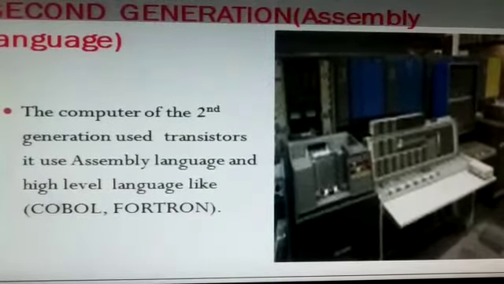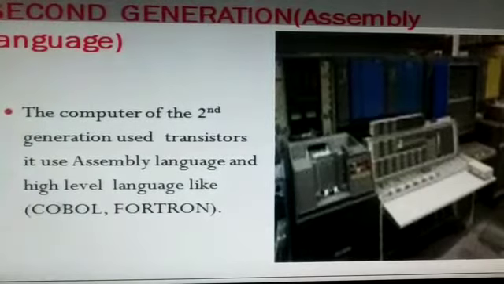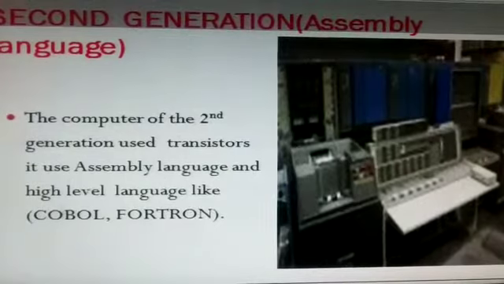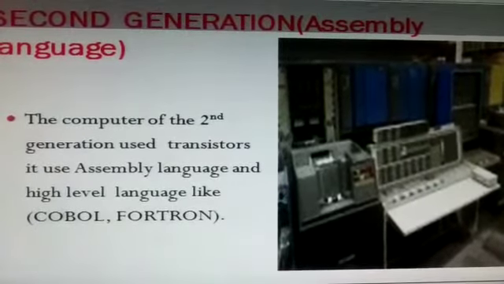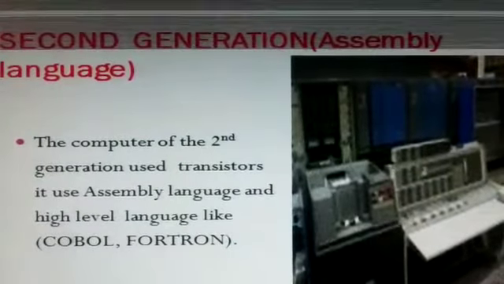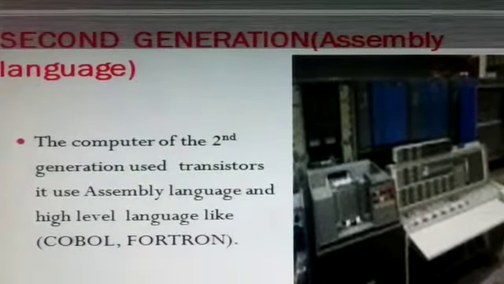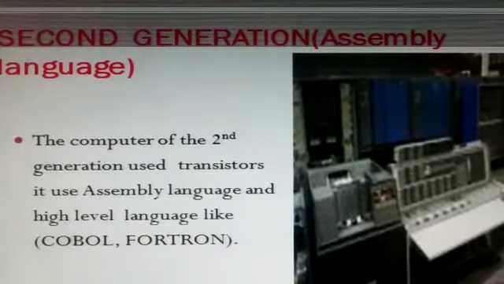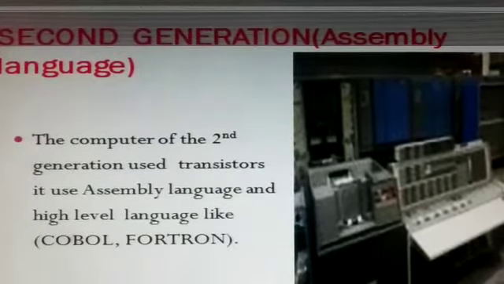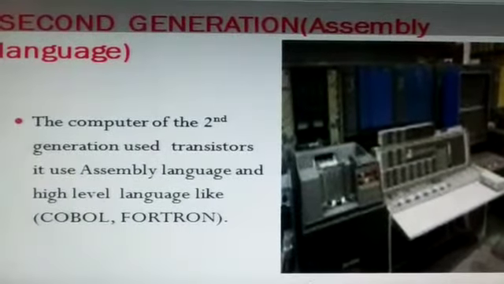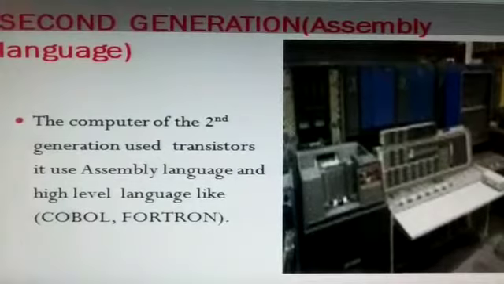But it is still very costly, and AC is also needed, and it supports assembly language. Some examples of this generation are IBM 1620, IBM 7094, CDC, etc. In this generation we use transistors in place of vacuum tubes.